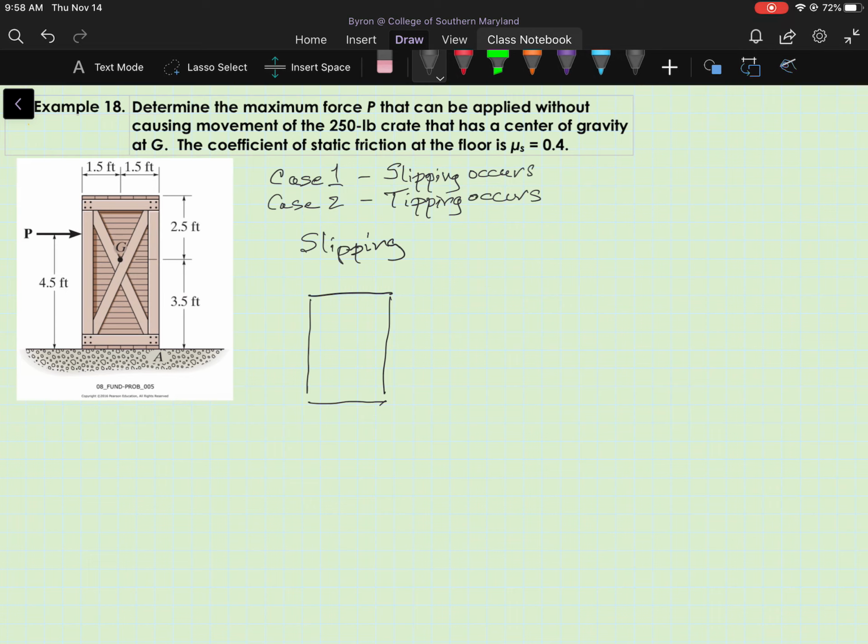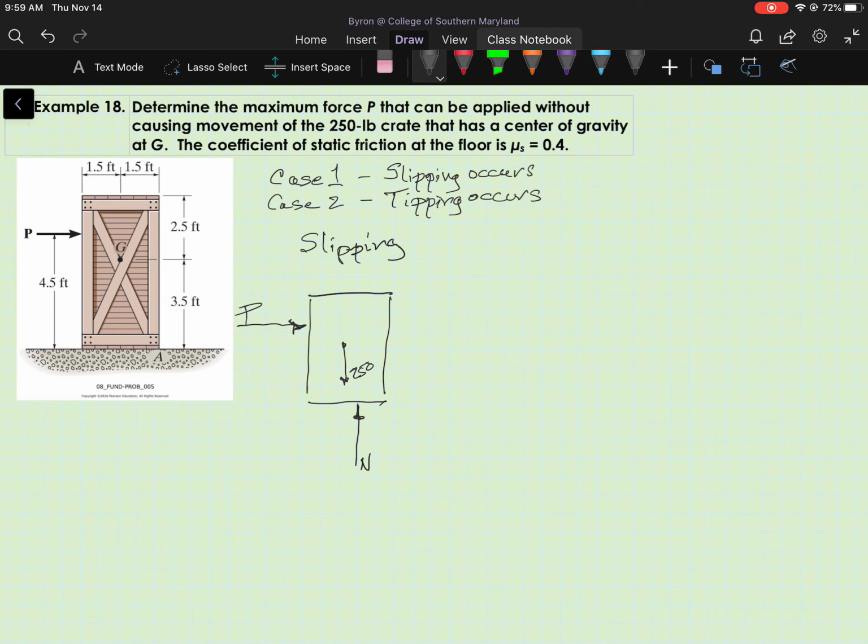And I'm going to show 250 pounds downward from G. I'm going to show the force P. I'm going to show the normal force N. And then when slipping is just about to occur, then we're in the state of impending motion.